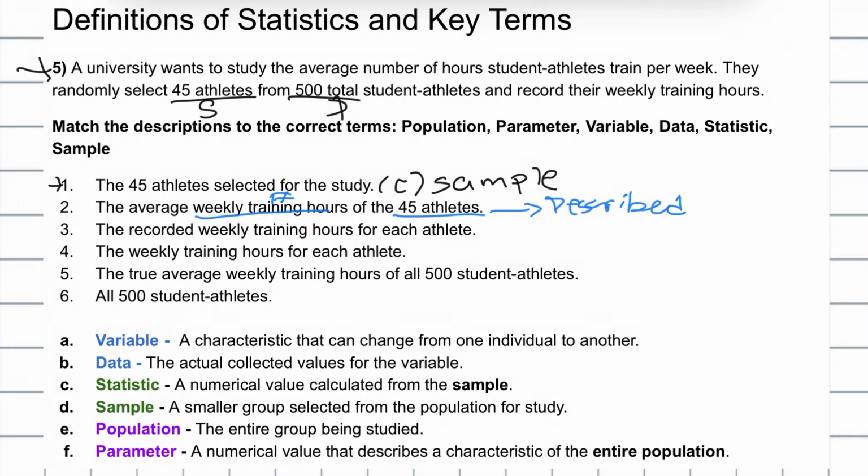So that makes me understand that a numerical value is being calculated from the sample. Therefore, it's going to be the statistic. So the answer for this is, wait, C is not sample, D is sample, and C is a statistic.